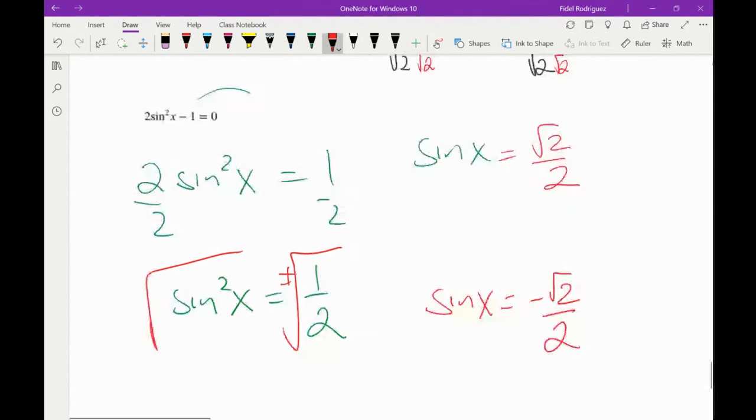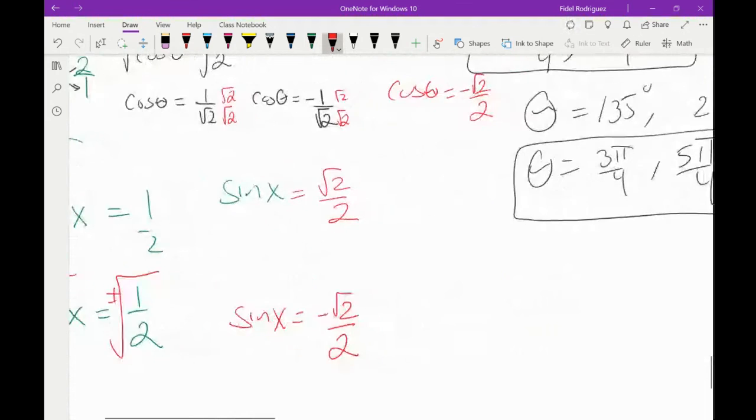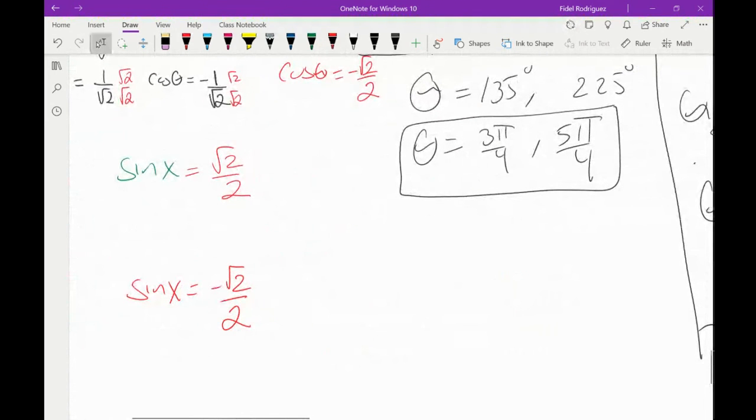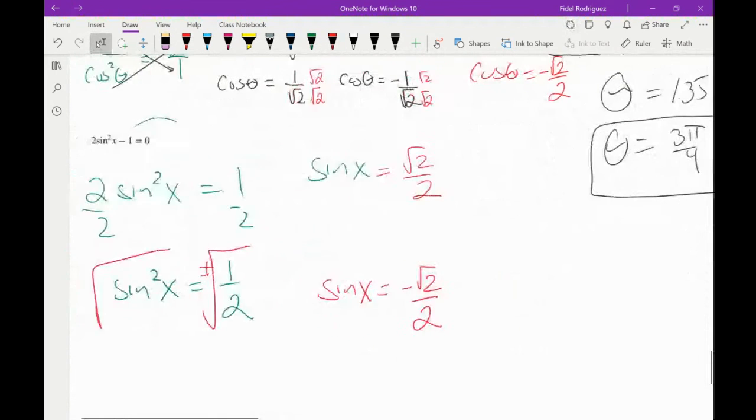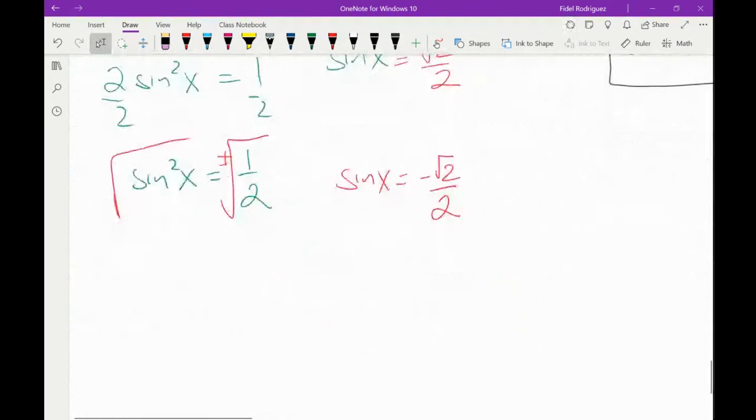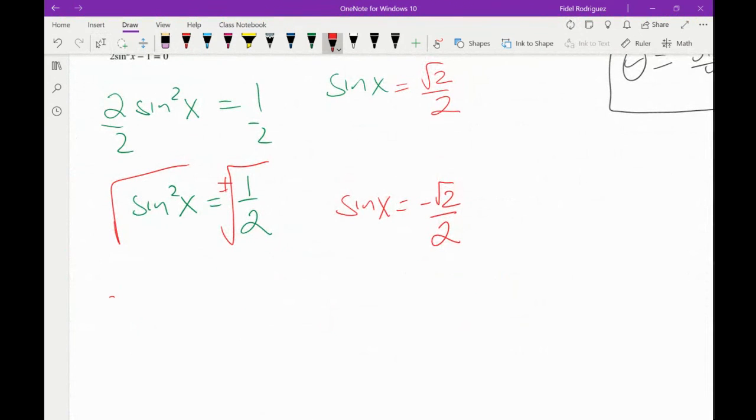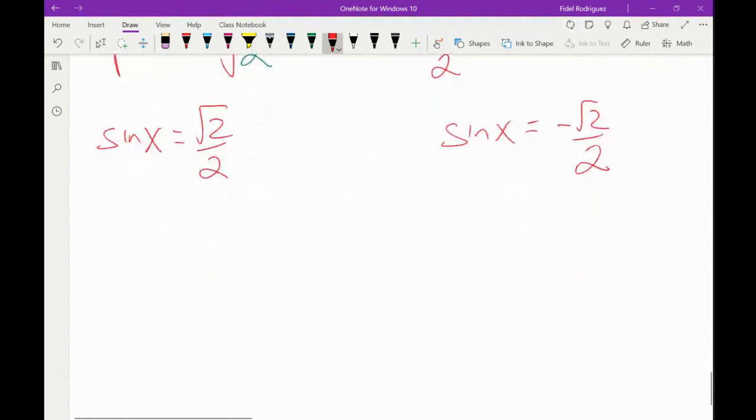Okay, but I'm going to write it a little lower here. All right, anybody know what answers we're going to use for x? When is the sine equal to the square root of 2 over 2?